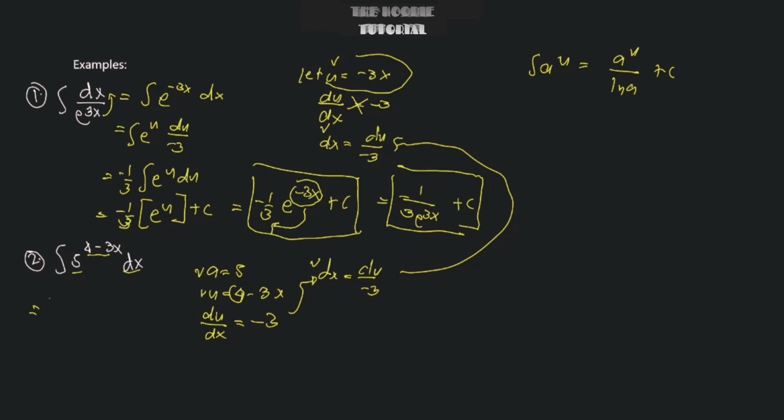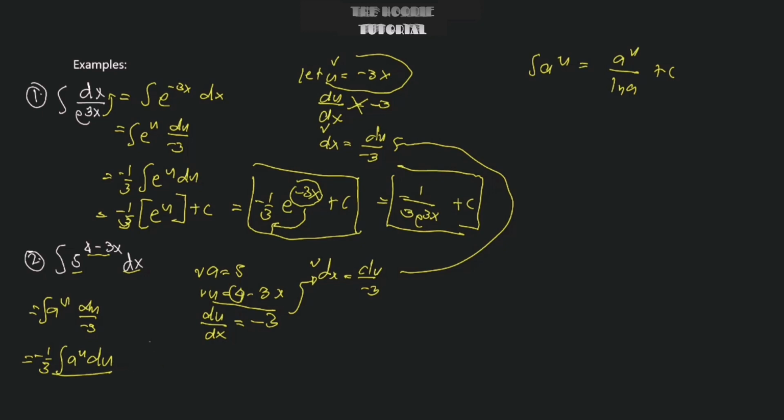So let's go to the second process, that is equal to the integration of our 5 is a. Basically you can just directly put 5, but just for me, I'm going to put a to avoid confusion. And then 4 minus 3x is our value of u, since what we have here. And then dx is du over negative 3. So we can basically factor out that 1 over negative 3, and that would be like this, leaving behind a^u and then du.